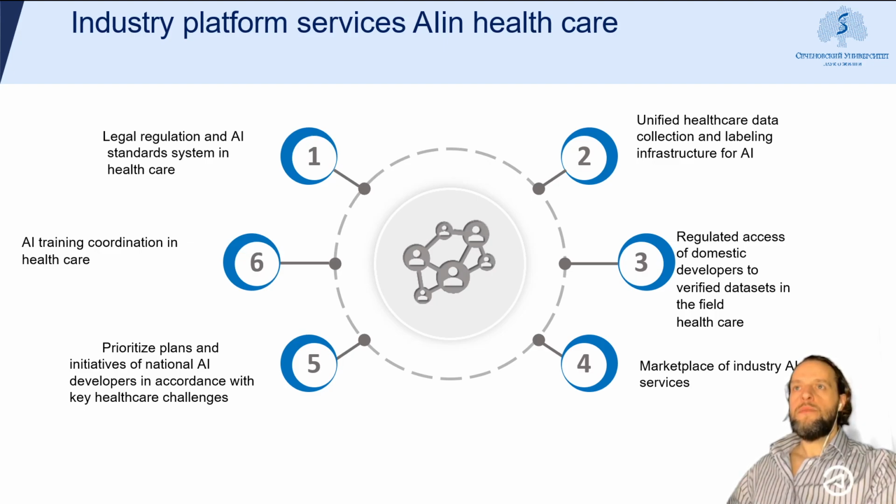Data which is being processed in healthcare should be labeled, standardized, unified, so it will be possible to process it in artificial intelligence systems. There should be a regulated access to the general domain of medical data, so it will be possible to train these algorithms on the depersonalized medical data received from various medical facilities.